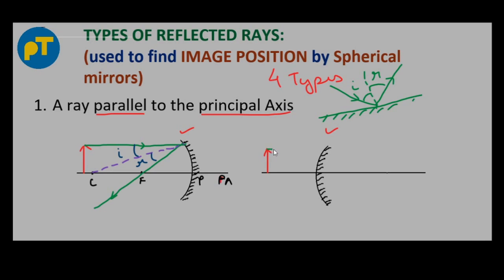Now similarly, for the convex mirror, let's have an object here, and a parallel ray emanating from this point, and it strikes this point on the reflecting surface. Also we have the principal focus, center of curvature, and pole here. In the case of convex, the ray coming parallel to the principal axis would be reflected in such a way that it appears as if it is coming from the focus behind the mirror.